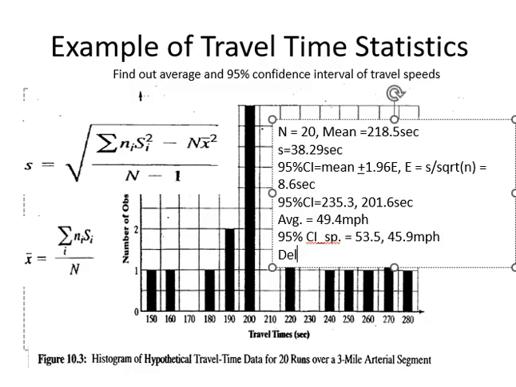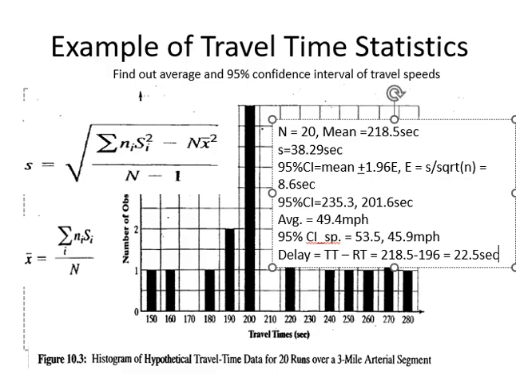Delay is the difference between travel time and running time, so 218.5 minus 196. The two values were given separately, but I know the difference between them is delay. So I calculate the delay. Clear?